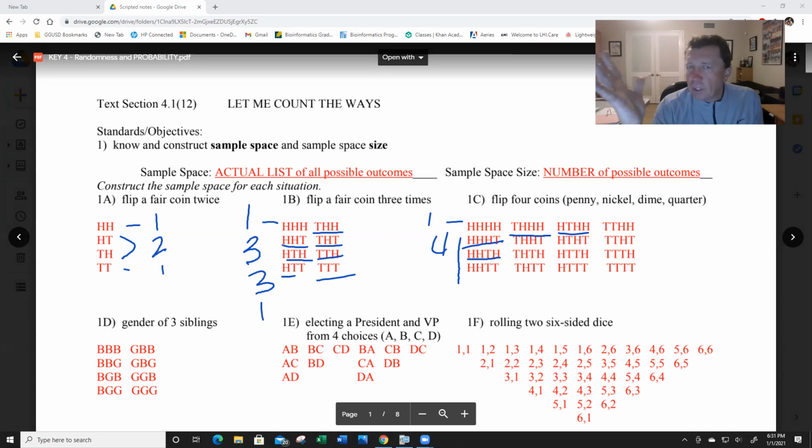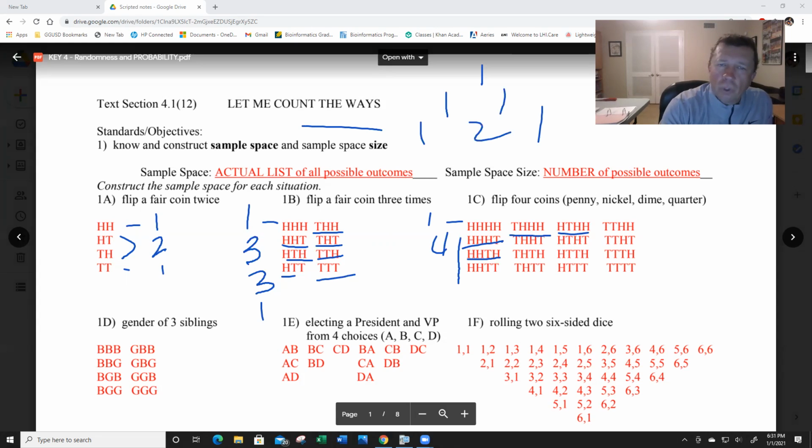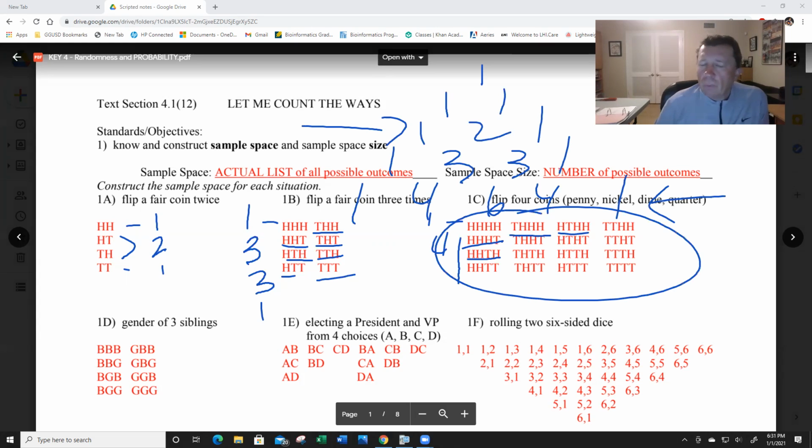So eventually you'll see this pattern. 1, you got 1, 1, 1, 2, 1. So here's row 2 of Pascal's triangle. Here's 1, 3, 3, 1. And then 1, 4, 6, 4, 1. If you notice, this adds up to 16, which is the total here. So how this reads, let me change colors here.